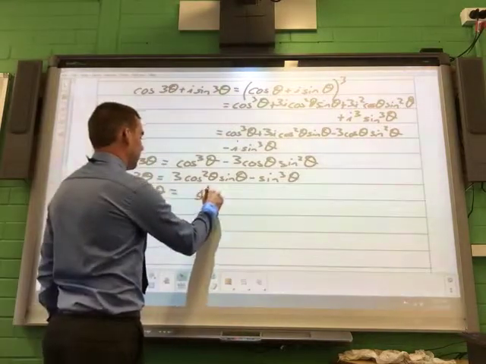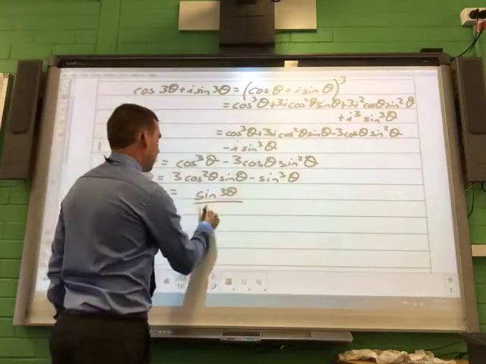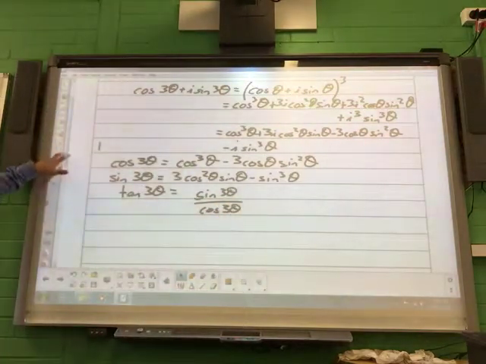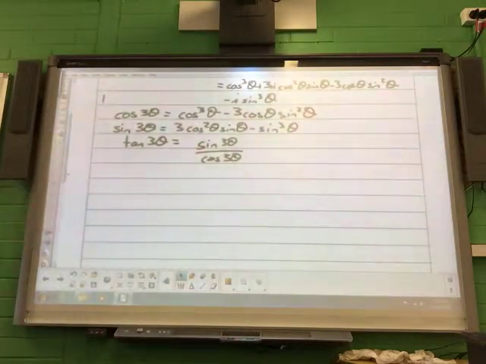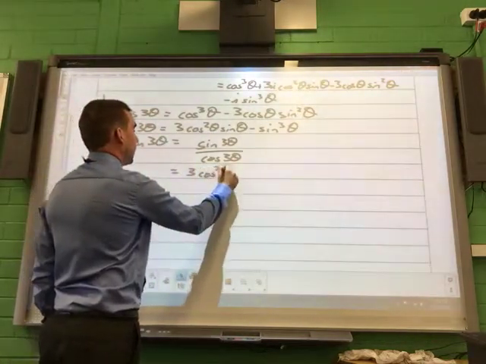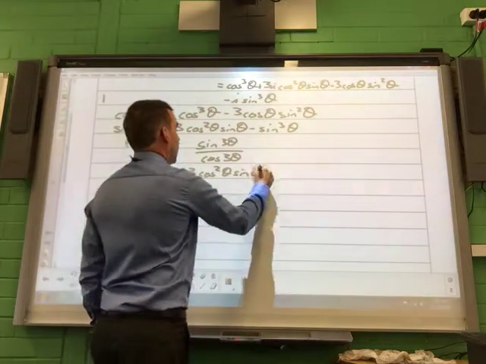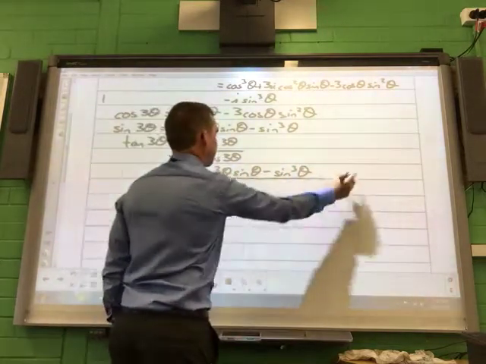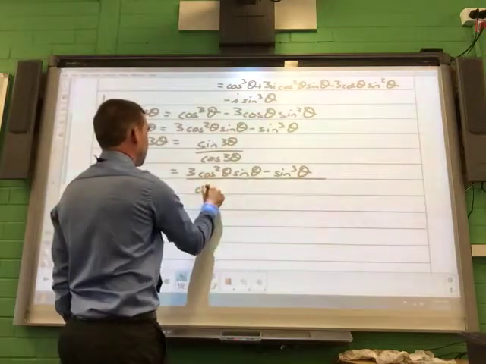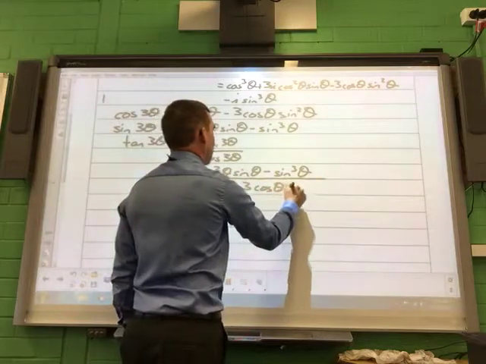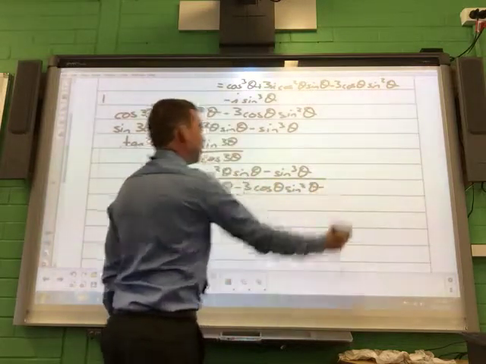So sine 3 theta over cos of 3 theta, so equals 3 cos squared theta sine theta, take away sine cubed of theta, all over cos cubed theta minus 3 cos theta sine squared of theta.